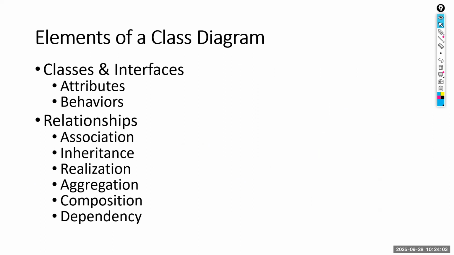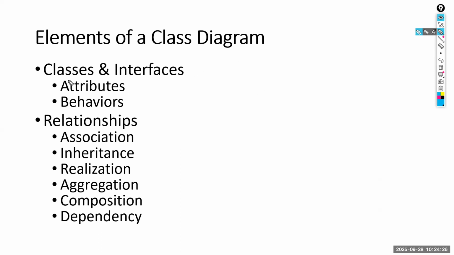So what kind of things are in your class diagram? Of course, you have classes and interfaces. Now, don't tell me that you don't know the difference between class and interface, because we discussed that in semester one in great detail, and I did a revision in the very first session.